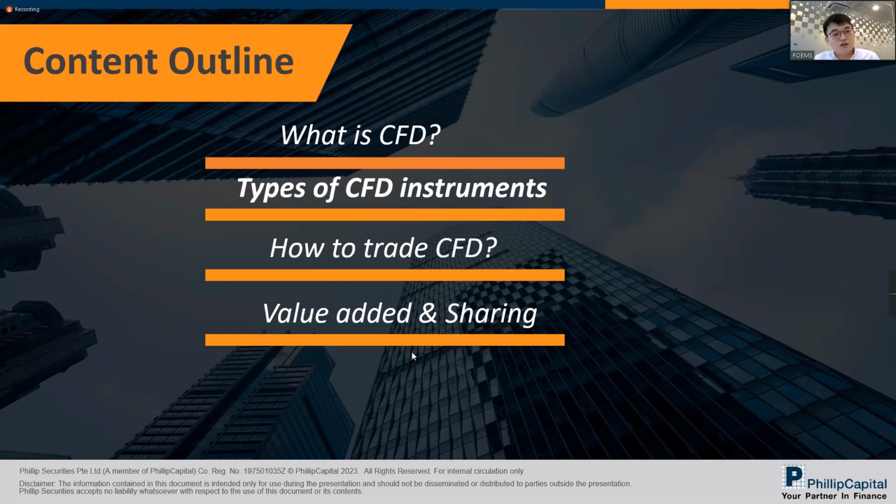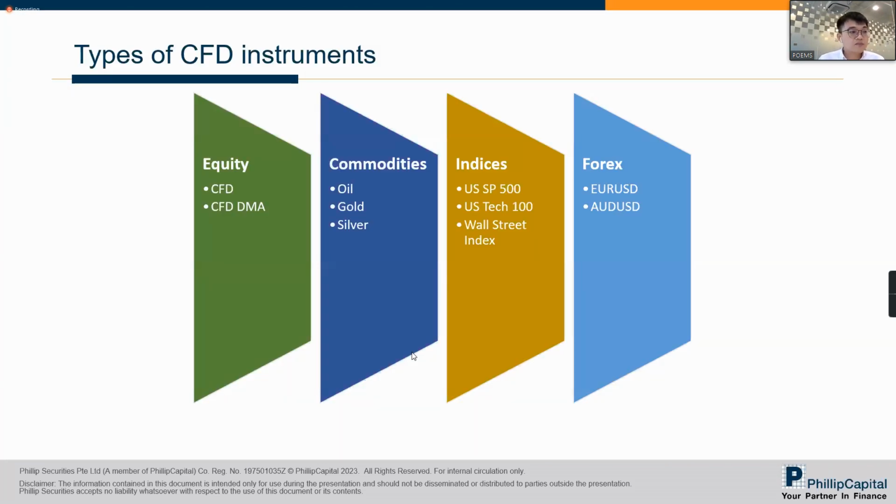Okay, next we will talk about the types of CFD instruments. There are 4 types of CFD instrument. The first one is equities, which is the CFD or CFD DMA. And commodities, we have oil, gold, and silver.